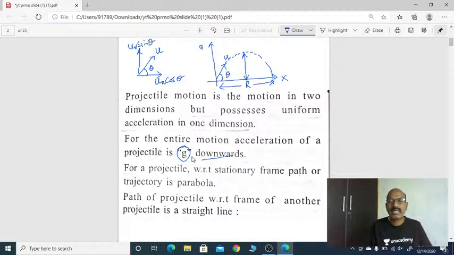The path followed by the projectile is called the trajectory. The path is a parabola. The path of the projectile with respect to the frame of another projectile is a straight line.